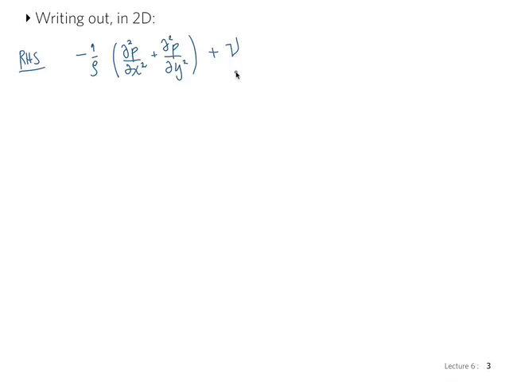I wrote it in shorthand in the previous workings, and so I'm going to write, we had d/dx of the Laplacian of u, so that's second derivative of u with respect to x plus second derivative of u with respect to y. And then I also had the partial with respect to y of the Laplacian of v.